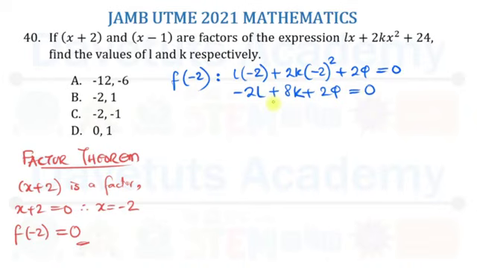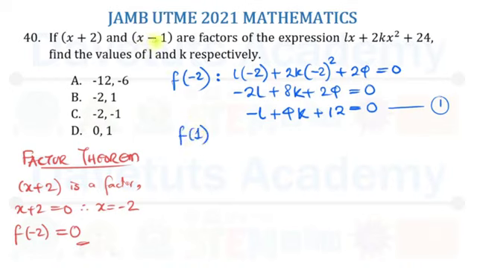And then we can rearrange, just divide each of those terms by 2. So you have minus L plus 4k plus 12 is equal to 0. I can call this my equation 1. Then for the function of 1, because if x minus 1 is equal to 0, then x will be equal to 1 when minus 1 moves to the other side.